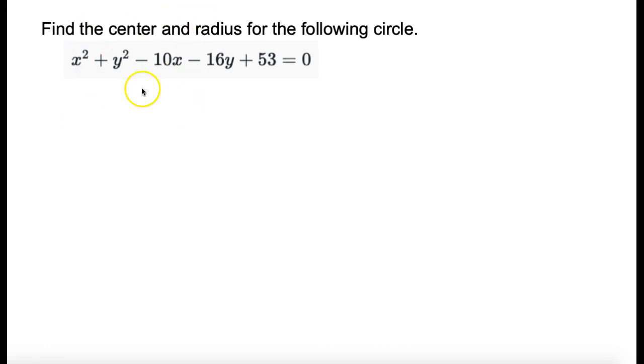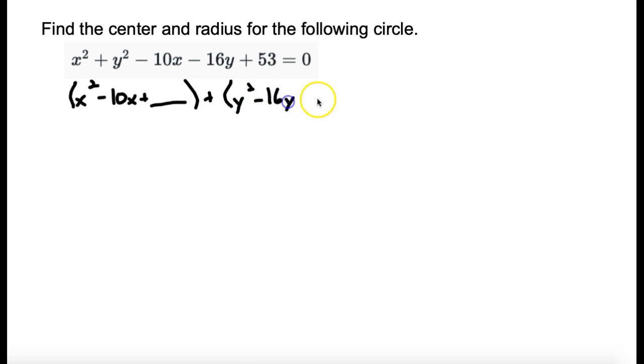All right, so the first thing we want to do is get our x's together. So x squared minus 10x, and then plus blank, and we'll have plus y squared minus 16y plus blank. And then I'm subtracting this 53 over to the other side.